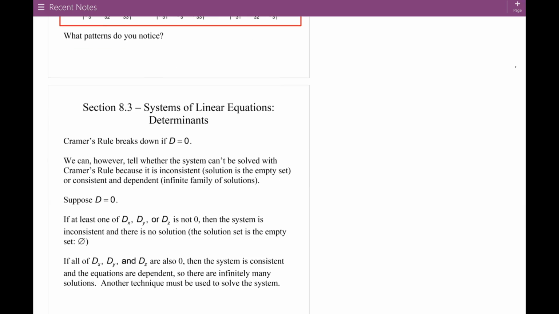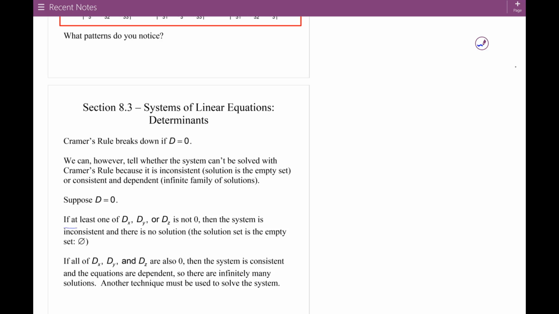So Cramer's rule will break down if the determinant of the denominator is 0, but we can tell whether the system can't be solved because it's inconsistent, so there's no solution at all, or whether the system is consistent and the equations are dependent. So suppose you get 0 for that determinant.